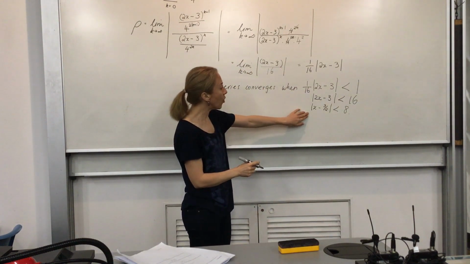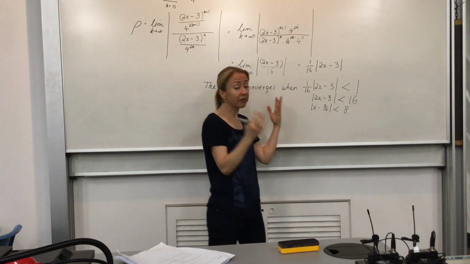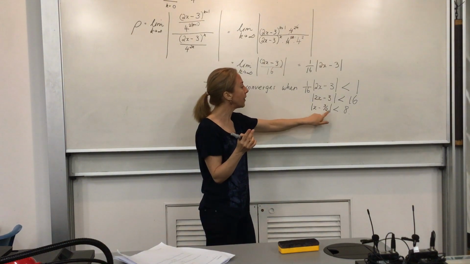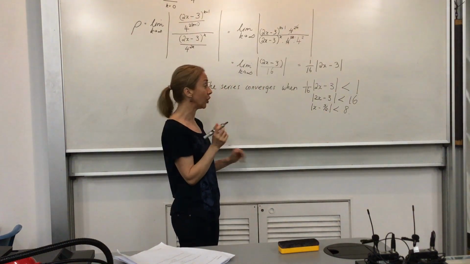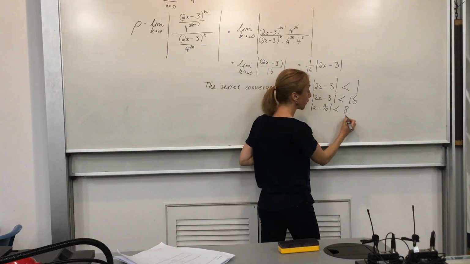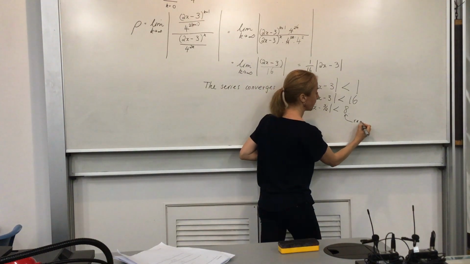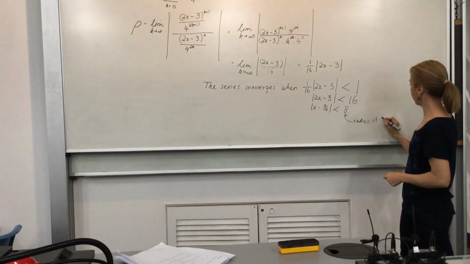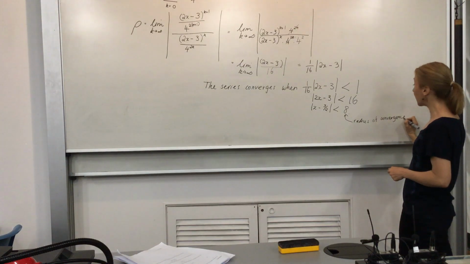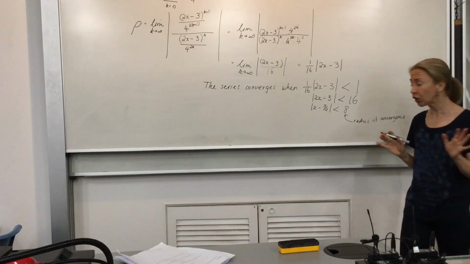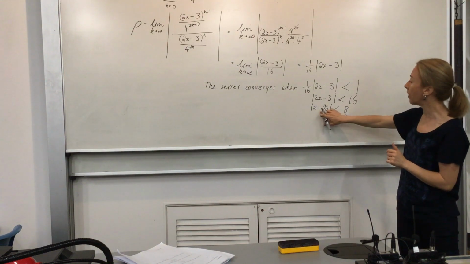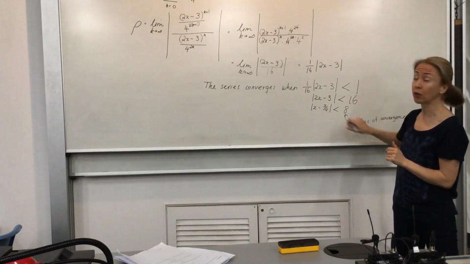So this gives me a form x minus c, the center, x minus some quantity, is less than some value. So this is actually the radius of convergence. We weren't explicitly asked for that in the question, we were just asked for the interval, but this is the center of our interval, namely x equals 3/2.